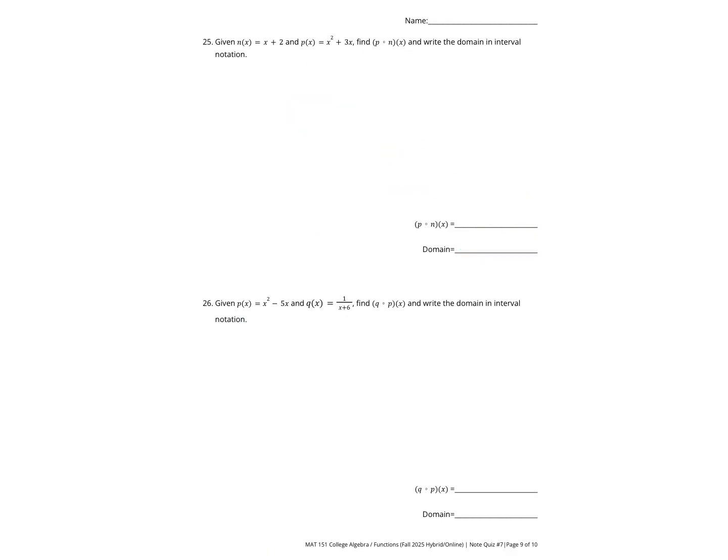The next page has us find compositions of functions, and the result is another function. So we're first going to find p of n of x. That translates into p of n of x, like so.